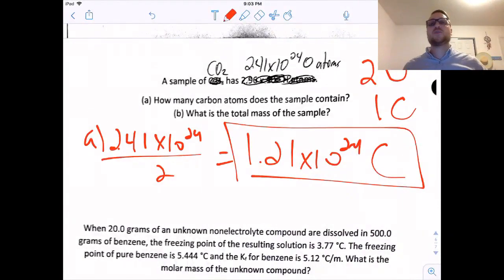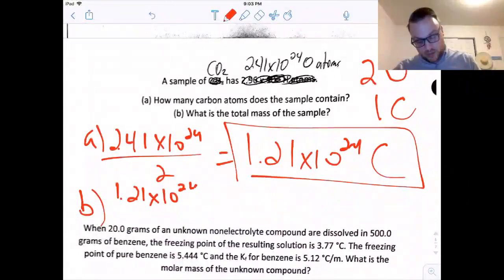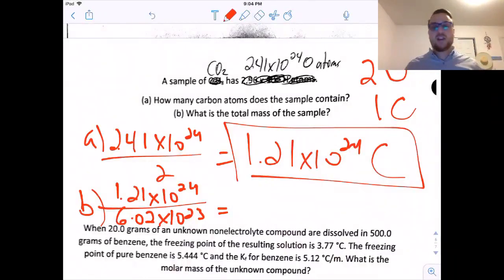So what's the total mass of this sample? I take the amount of carbons I just determined, 1.21 times 10 to the 24th, and I'm trying to figure out how many moles of carbon I have. I don't have 1 mole of carbon, I have more than 1 mole. 1.21 times 10 to the 24th atoms of carbon gets us to 2 moles of carbon.